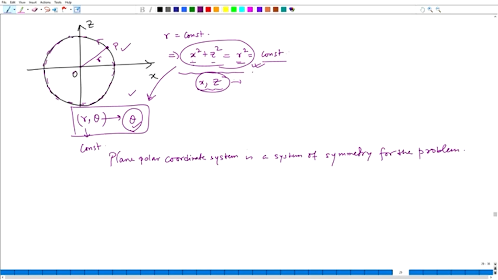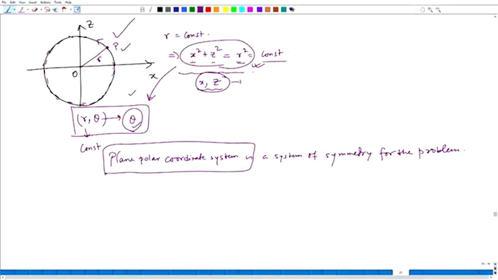Now, you see that this type of coordinate system, which finally gives the number of effective coordinates which are actually necessary to describe the motion of the particle, is known as the system of generalized coordinates.